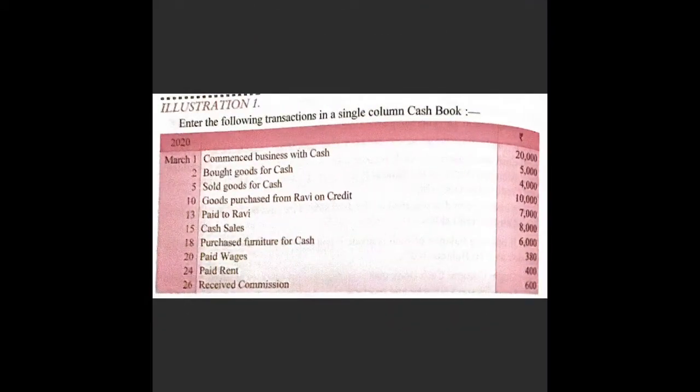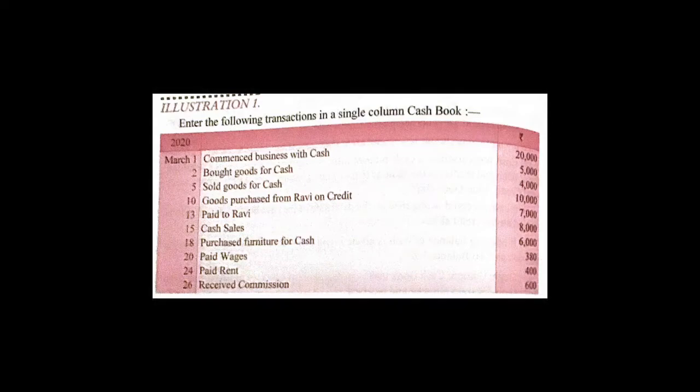Illustration one: enter the following transactions in a single column cash book. Year is 2020, March 1, commenced business with cash 20,000. When a businessman introduces cash in a business, it becomes capital, and cash is coming into the business, so it will be written on the receipt side, means debit side.